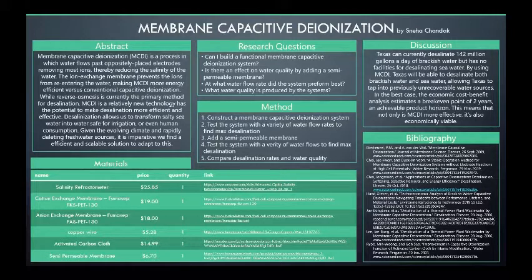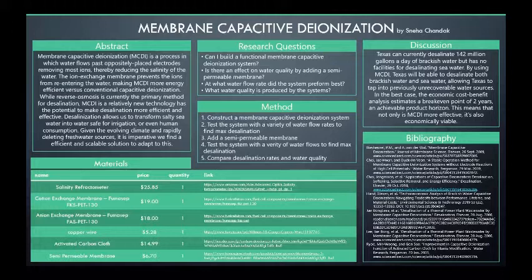When you add a membrane to the capacitive deionization system, it becomes a membrane capacitive deionization system, or MCDI. In this system, the membranes will stop the ions from re-entering the water. There's still an electrode on either side, but this time there's a cation or anion exchange membrane stopping the ions from re-entering the water.